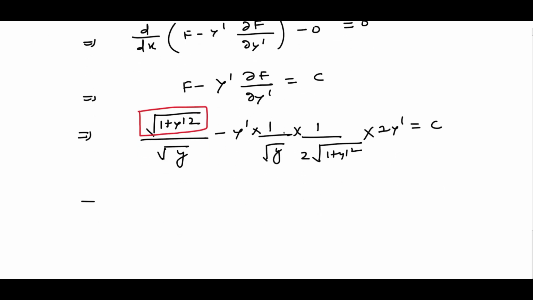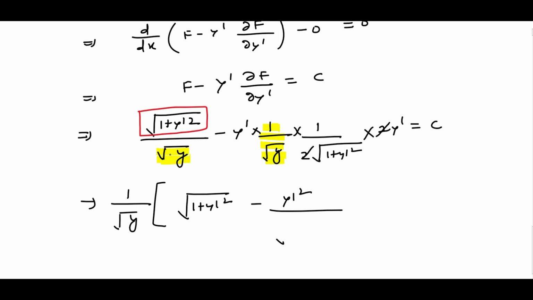So further simplifying, the 2 gets cancelled out. Take this term, 1 upon root y, as a common factor. So we will get 1 upon root y times the square root of 1 plus y' whole square minus y' whole square over the square root of 1 plus y' whole square is equal to c.